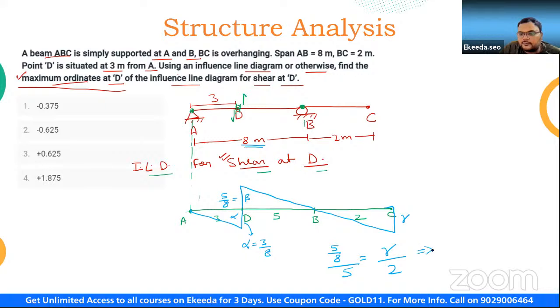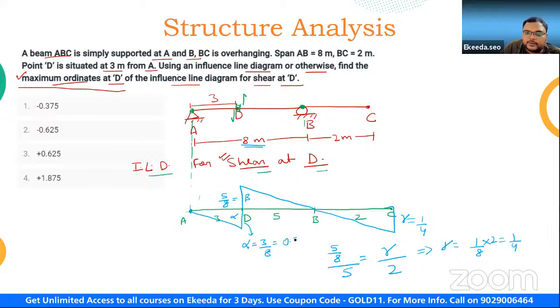So this gamma is going to be 5 by 8 by 5, which means simply 1 by 8 into 2. 2 by 8 means 1 by 4. So this gamma is 1 by 4.